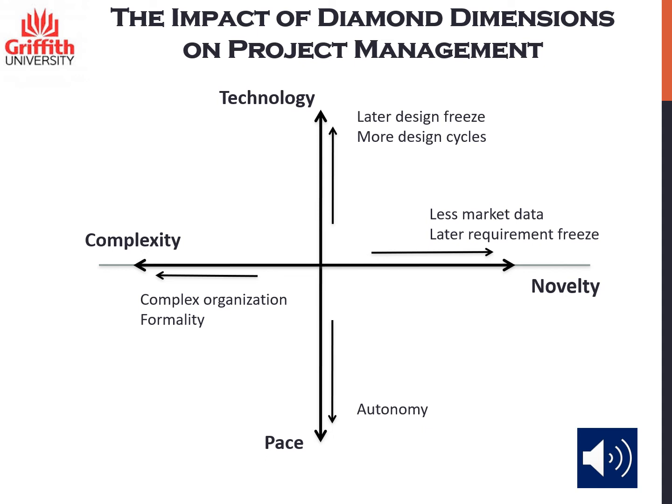So it is necessary to adapt management styles, resources, and how we organize a project considering the unique situation of our project. And one way to consider the unique situation of our project is by using the diamond model to see the unique situation of the project in terms of technology, complexity, novelty, and pace.